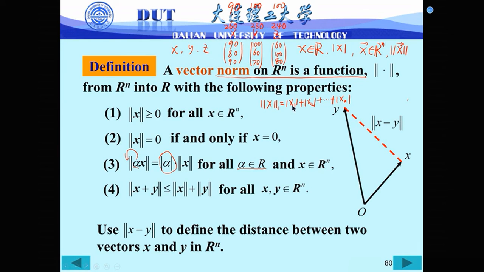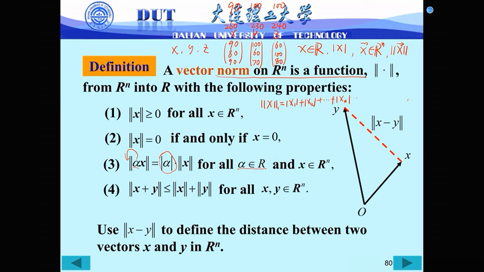Let's check the first property. Because of the absolute value, the total score is positive for any vector x, right? It's okay for you? That is why we need the absolute value here, for the first property. Let's check the second one.